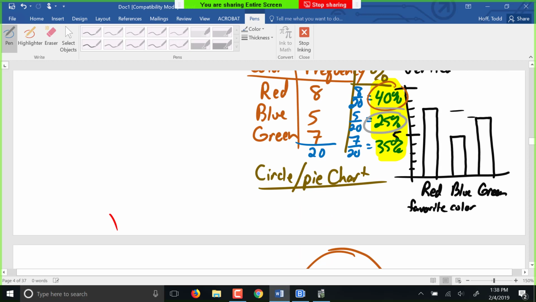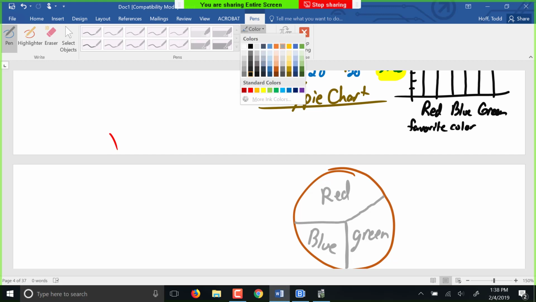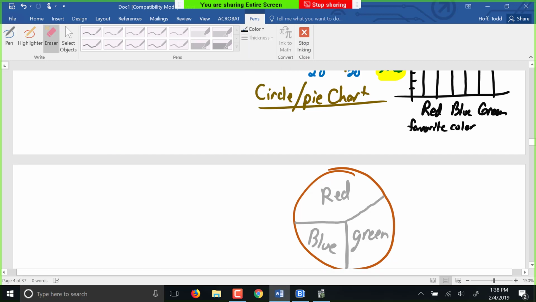Red is at 40%. That's fairly close to 50. I'm going to cut it across like this. That's the red. And of course, what's left here has to be the green. Not perfect, but close enough. Like I said, if we wanted it perfect, a lot of computer programs out there will make it perfect.